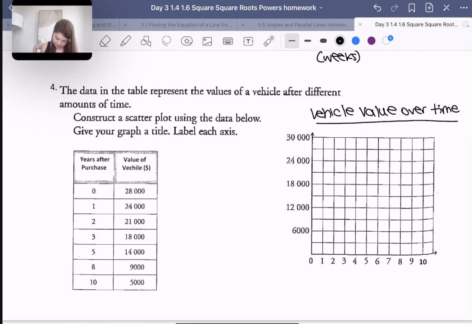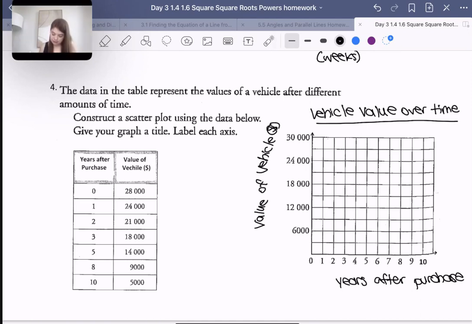All right, and then this axis would be the years after purchase. Okay, and over here it would be the value of the vehicle in dollars.